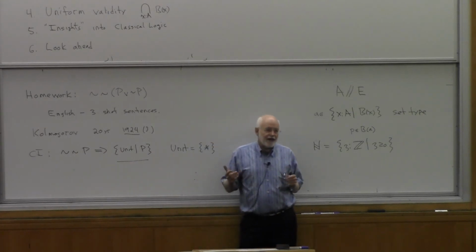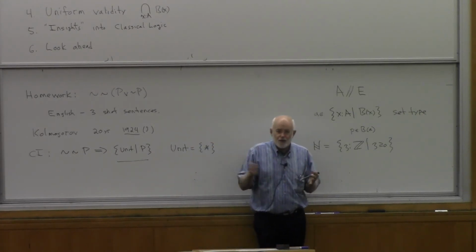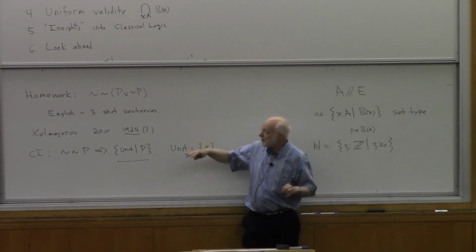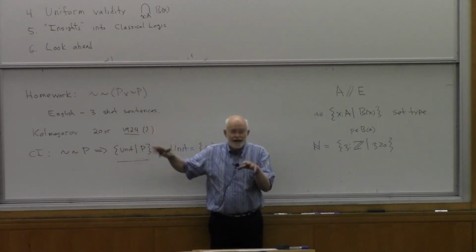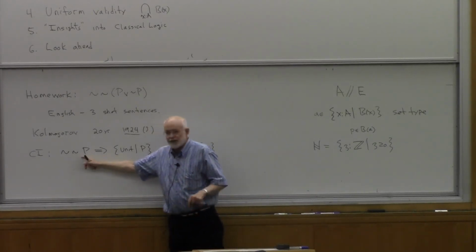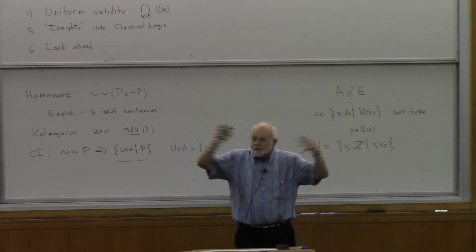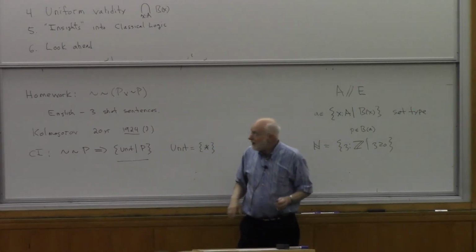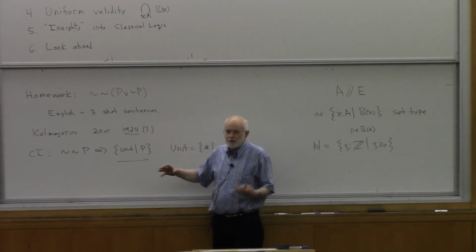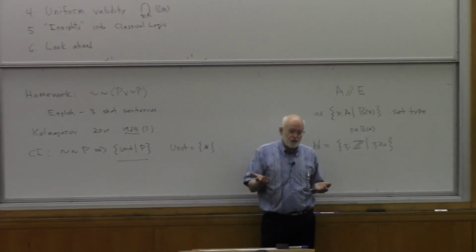And that's better than the Kolmogorov translation, where he went in and syntactically edited everything and put double negations in front of all the atomic formulas and double negations everywhere. And then he was able to prove for propositional logic that the two logics were equivalent.